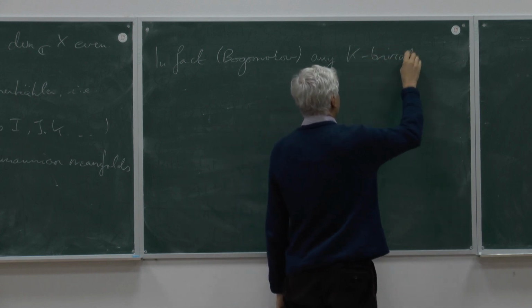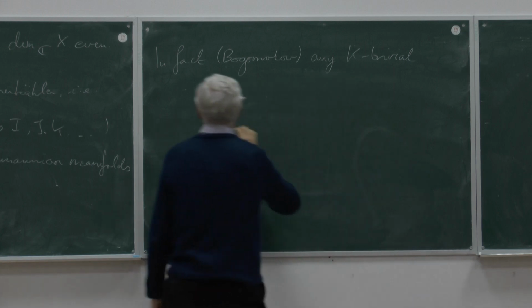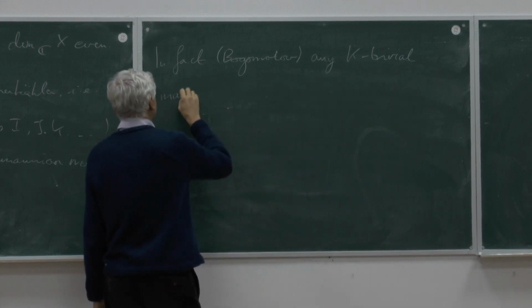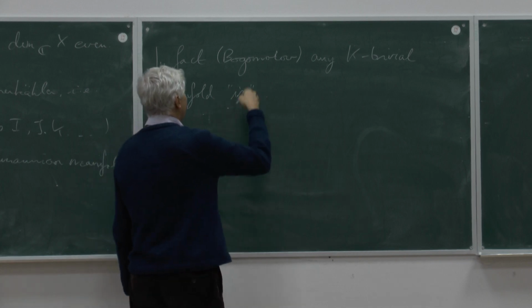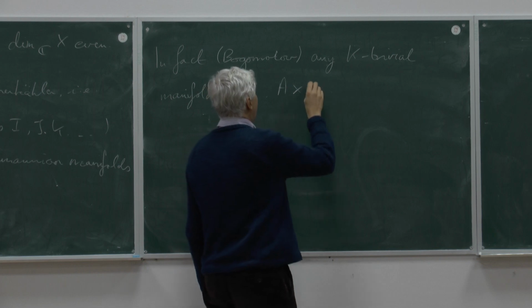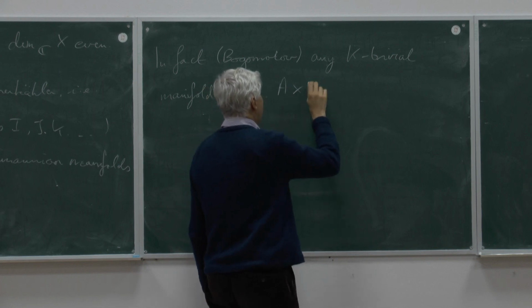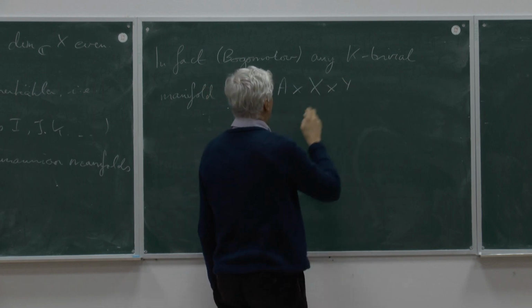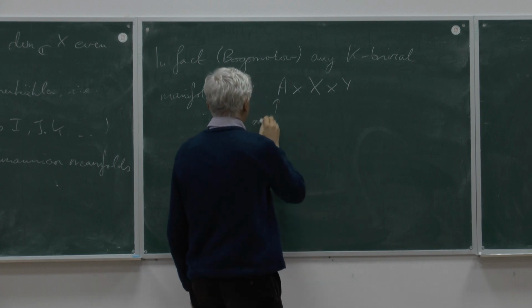K-trivial, let's say, not worrying too much about the precise conditions, is A cross X cross Y. So A is here an abelian variety.